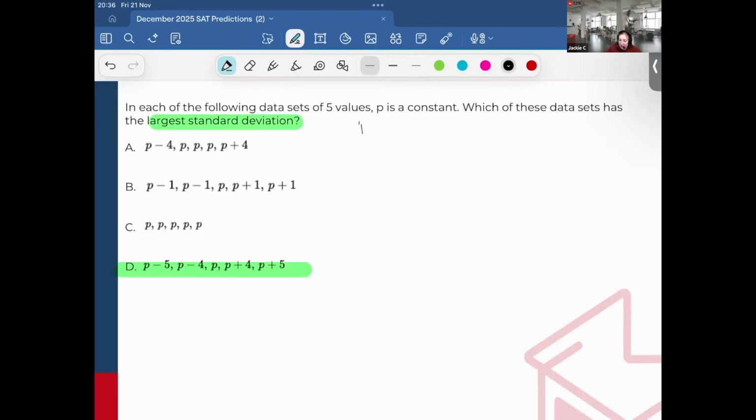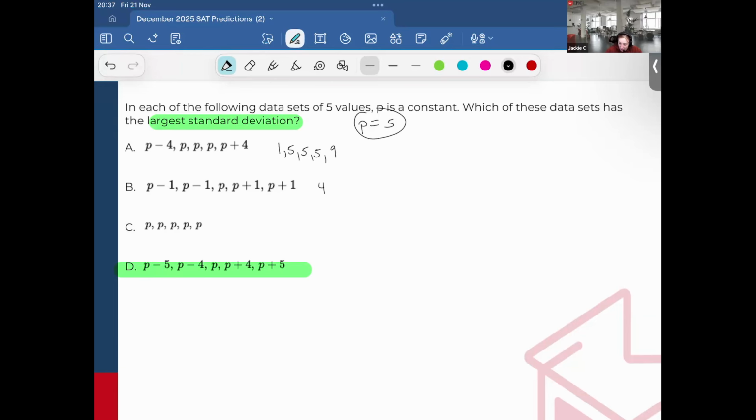So let's just say that P is equal to 5 for all of these. You can pick any number for P. This is just to show the dispersion. So if that were true, this would be 1, and then this would be 5, 5, 5, and then this would be 9. So a little bit of dispersion, but there's a lot of numbers that are really close together here in the middle.